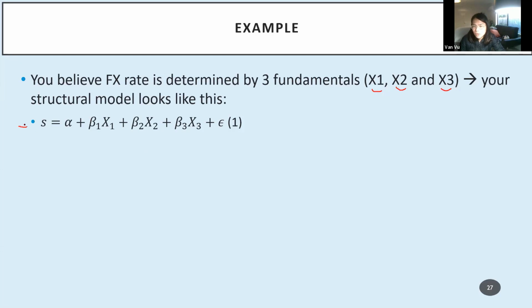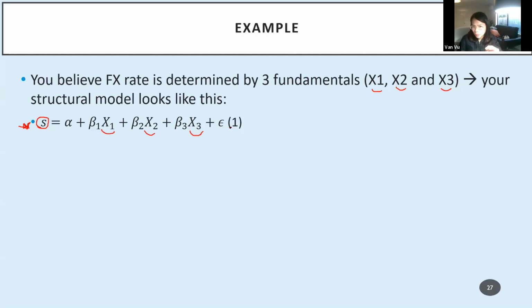So what I'm going to do is try to estimate a model, a structural form for the relationship between the spot exchange rate and my three fundamentals, okay? In this case, I believe that the spot exchange rate has a linear relationship with x1, x2, and x3 following equation 1, okay? So this is what I'm starting with.